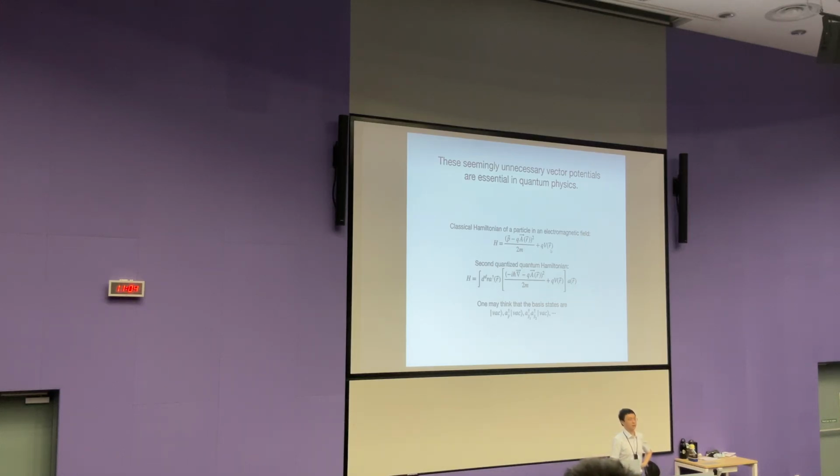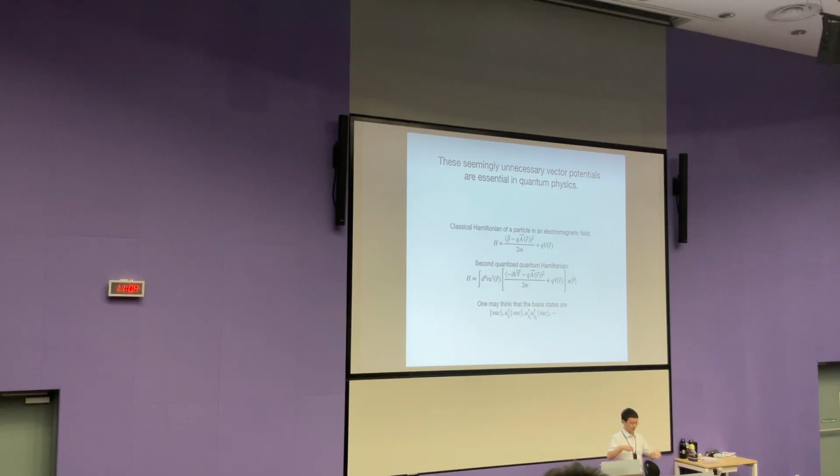If we just consider a classical particle in the classical electromagnetic field, the Hamiltonian is this one. This is something I think you have learned in electromagnetism. And then based on what we discussed in week 3, we know the quantum Hamiltonian in terms of the creation and the annihilation operator takes this form, right? It essentially means we have A dagger A here.